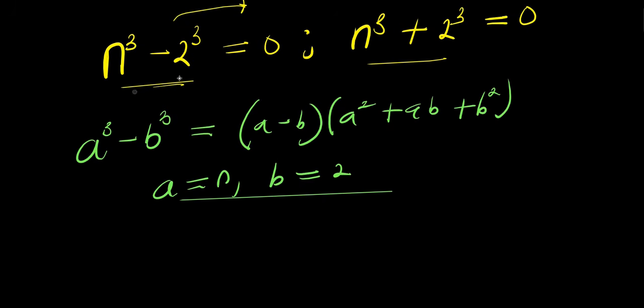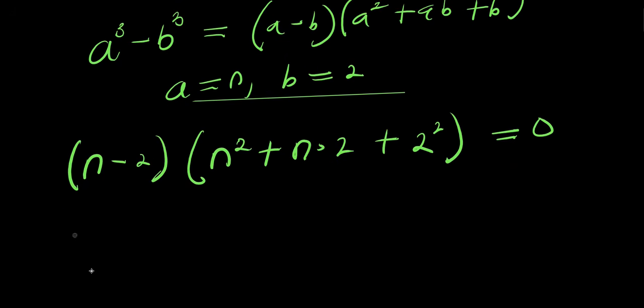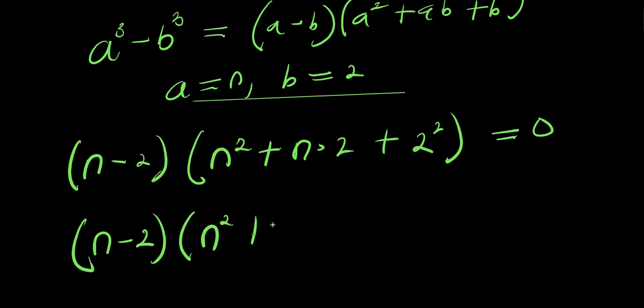So applying that here, n minus 2 times n squared plus n times 2 plus 2 power 2 equals 0. So this is n minus 2 times n squared plus 2n plus 4 equals 0.